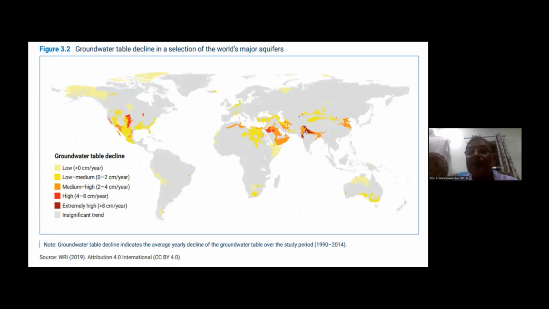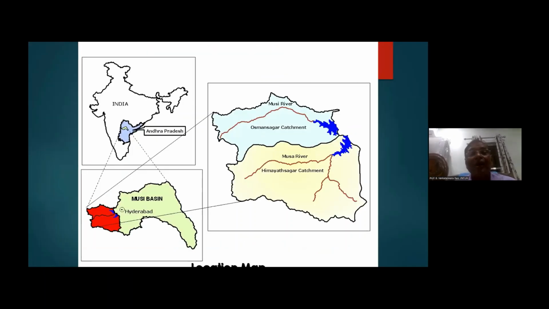So one of the densest populations lives in this Indo-Gangetic plain. Now I am coming to my own study area where I reside, Hyderabad, and I have a basin like the Musi Basin. In fact, this is the Musi, and its tributary.